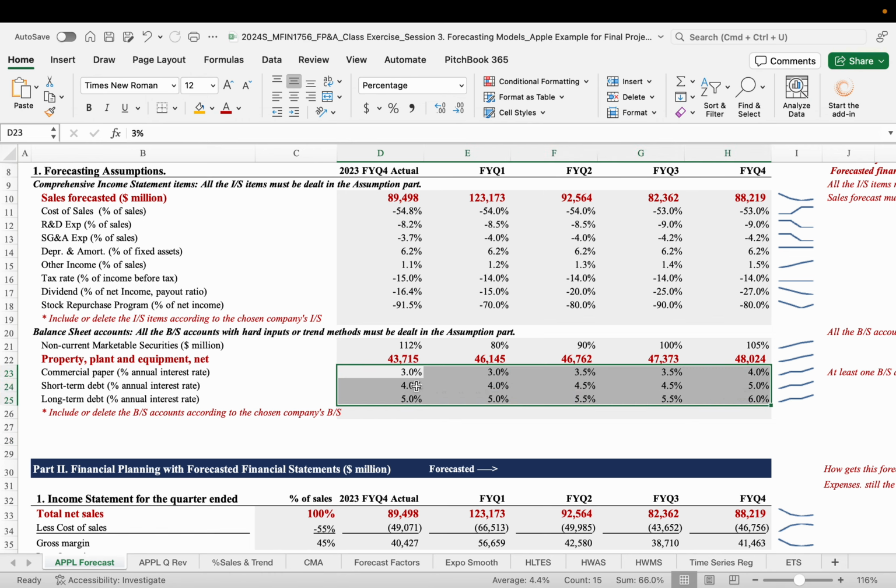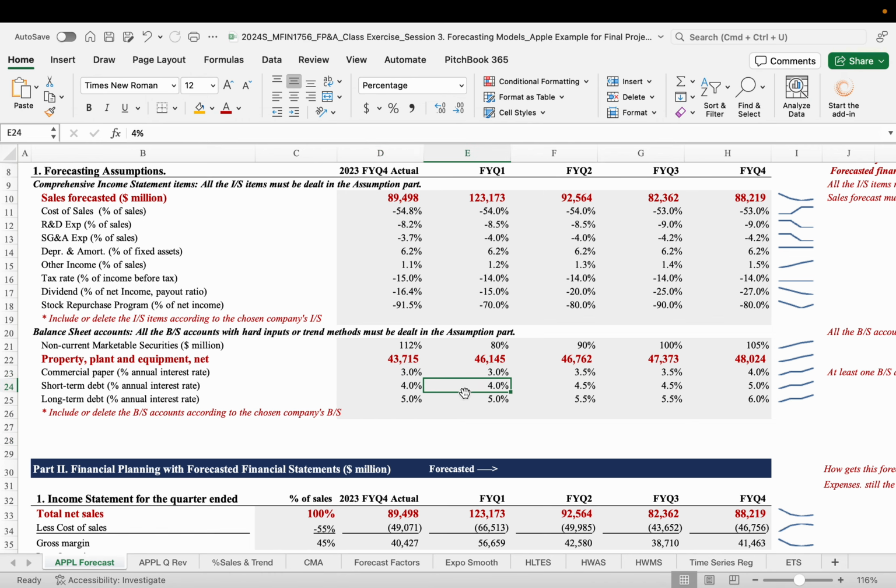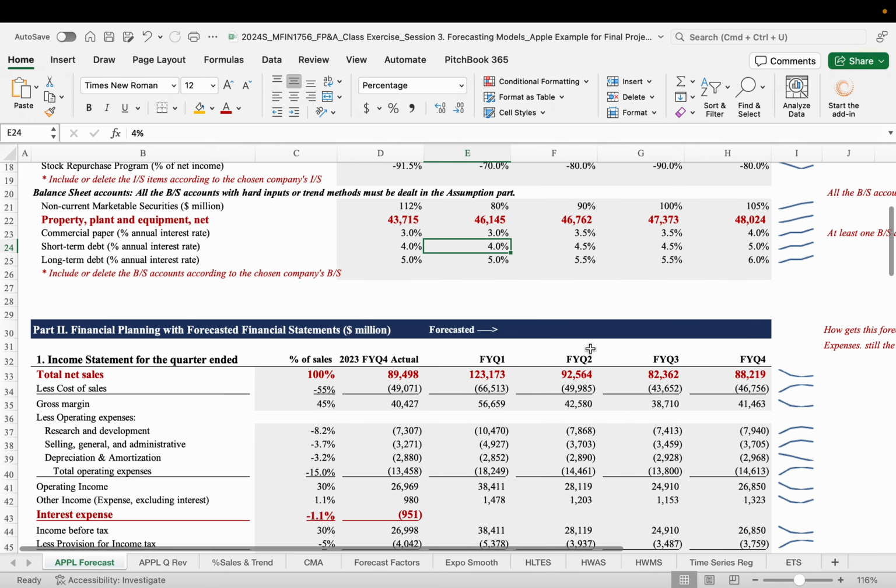I put some increasing short-term debt interest rate, annual interest rate, or long-term debt increasing based on my own assumption, right? Based on my research, the industry or the economy, maybe the inflation is still ongoing. So I can justify this increasing interest rate, short term or long term, in the near term, like 4 quarters still increasing.